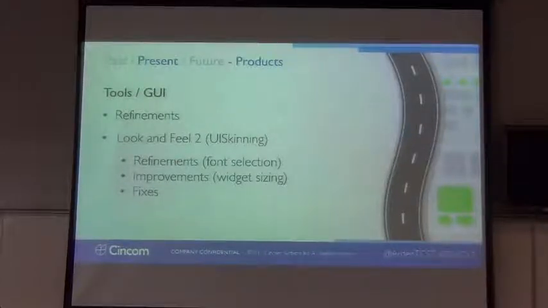In Tools GUI, we've been making a number of refinements. We introduced the new UI skinning. We've been getting feedback from customers about what things are important, what issues they're having, and how we can make migration efforts easier for customers. So we've been making refinements in things like font selection, widget sizing, and some fixes to make that effort easier.